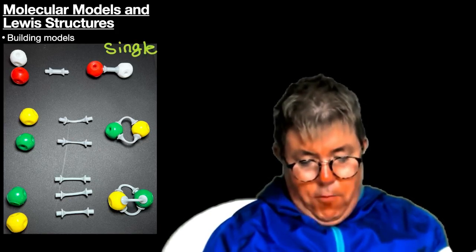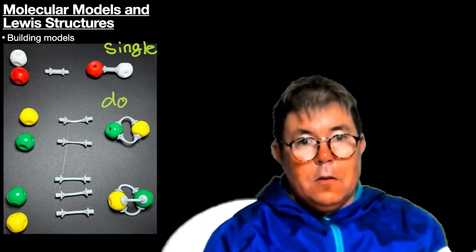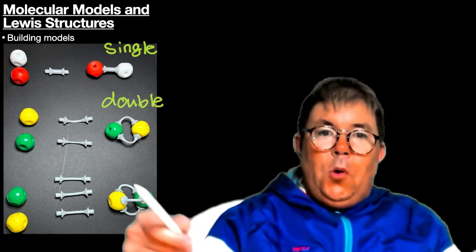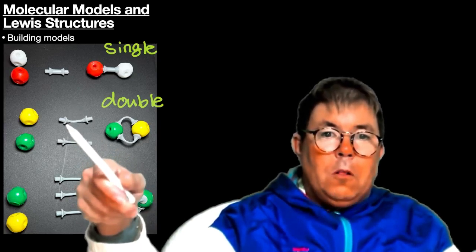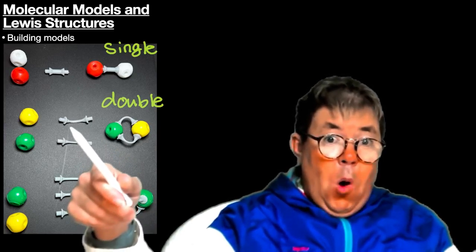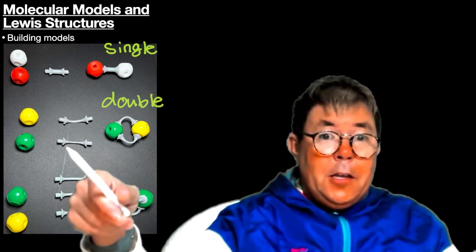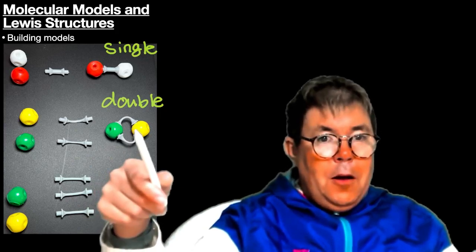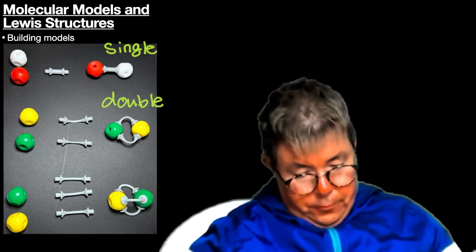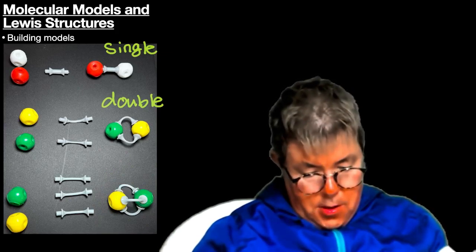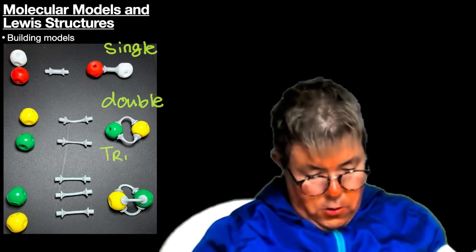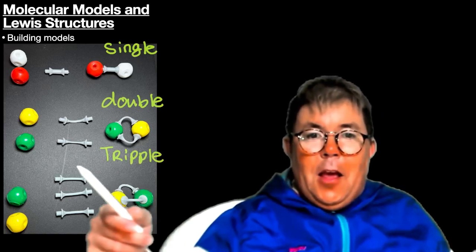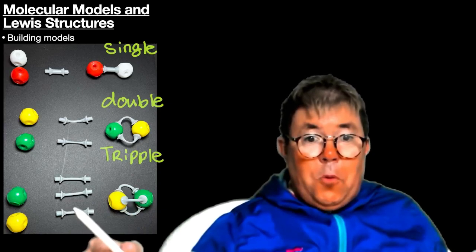Next, if you want to make a double bond, notice we use 2 flexible long sticks. When you connect 2 flexible long sticks between 2 atoms, you can bend them and they will connect. Finally, if you want to make a triple bond, we need 3 long flexible sticks.